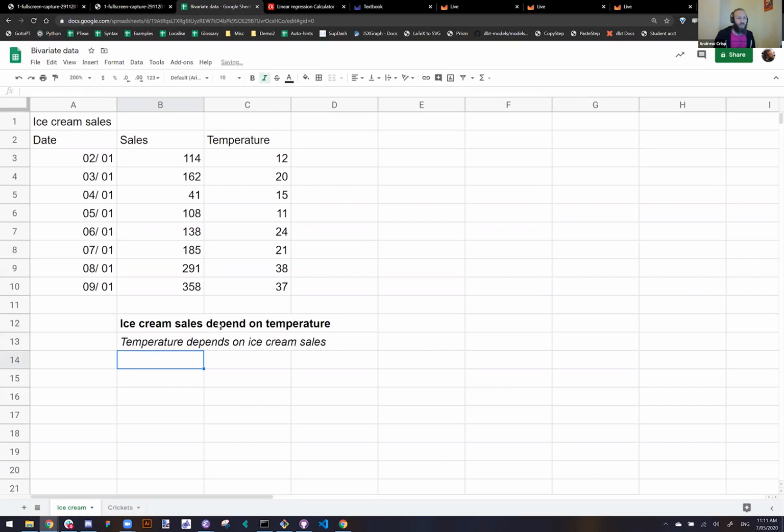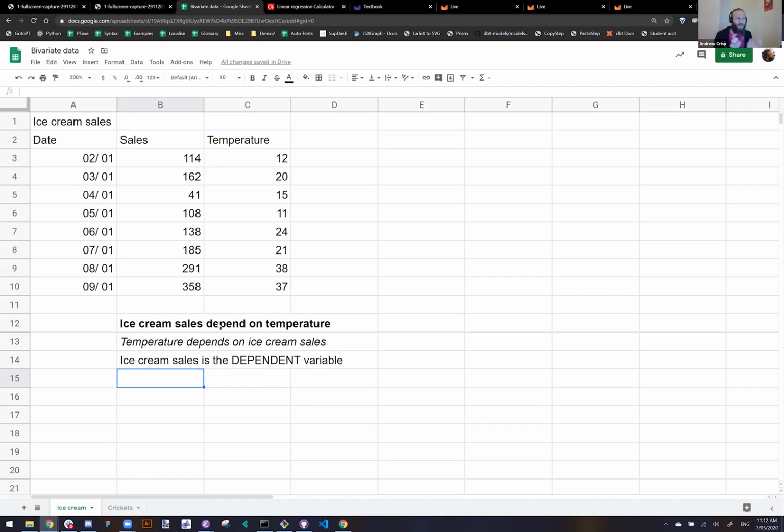This one is the not so good one. I can then say that the ice cream sales is the dependent variable because it depends on the temperature. If it was the other way around, temperature would be the dependent variable. That's not the case here.